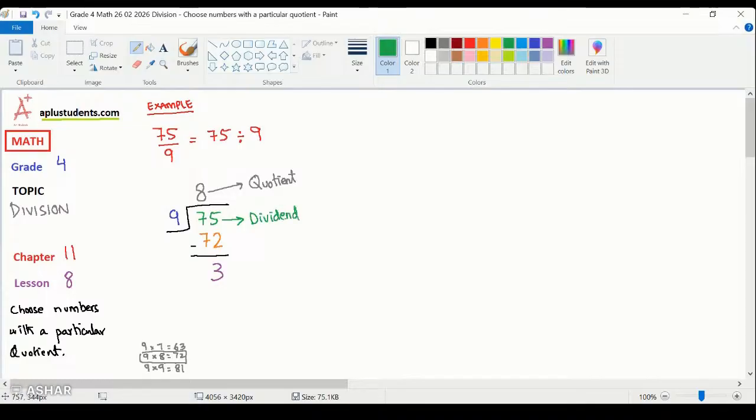What are we dividing by? We are dividing it by 9. So 9 is the divisor. Agreed? And what we are left with at the end is 3. 3 is the remainder. Whatever is left in the end is the remainder.